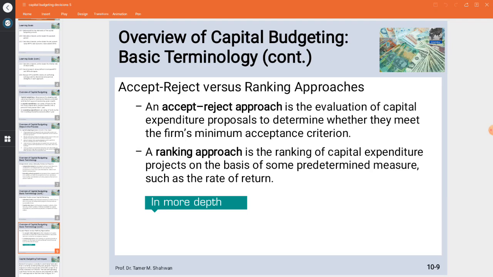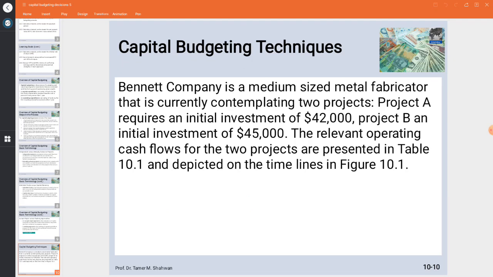You must understand the different types of projects, whether independent projects or mutually exclusive projects. Let us take an example, and through this example we are going to use different capital budgeting techniques to assess each one of those projects.